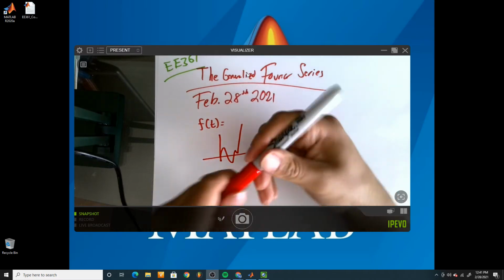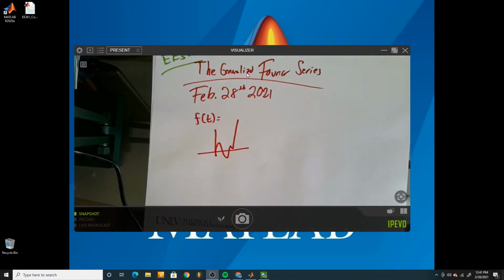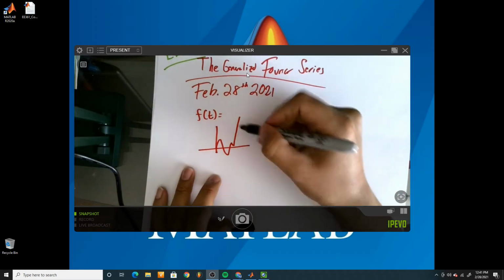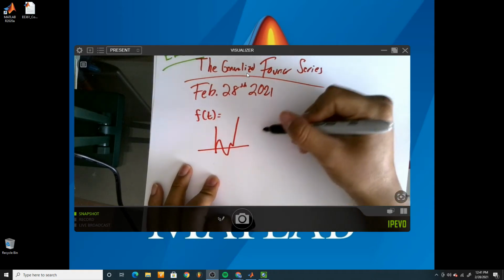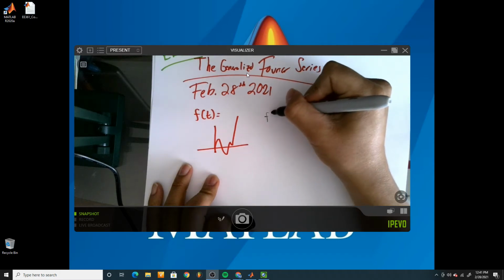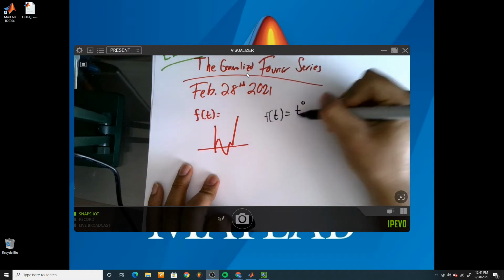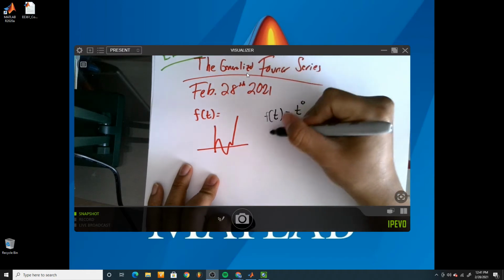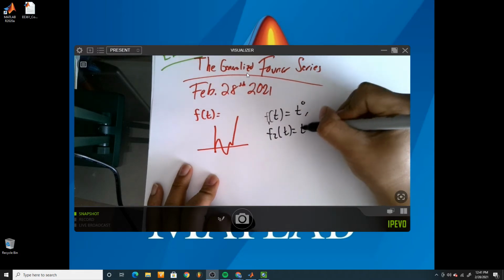Well, what if we can make this function out of, wait, let me just turn this on. That's better. We can find out how many signals we can make out of a couple other functions, like really small ones, like f of t to the 0, f1, f2, t is equal to t minus 1.